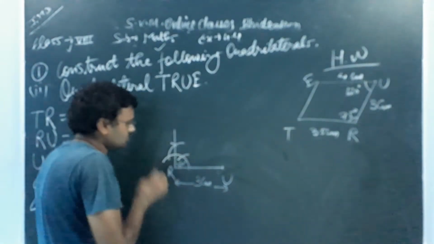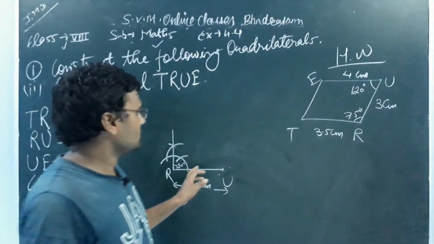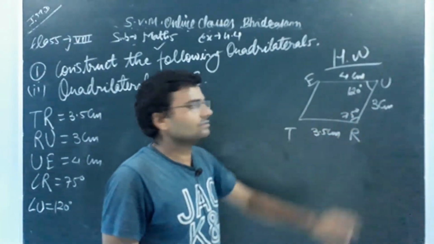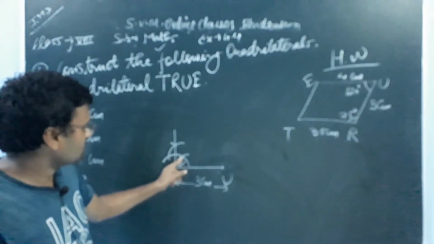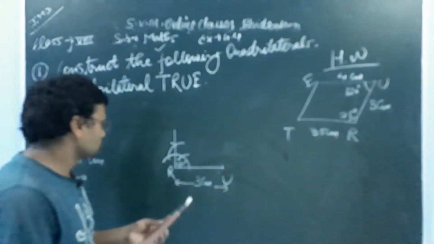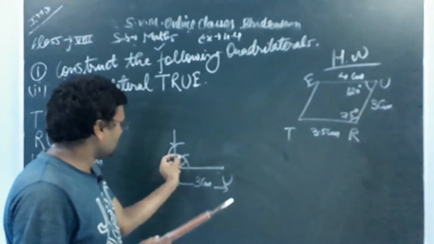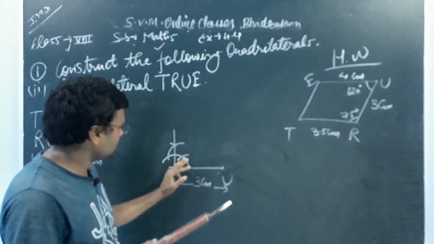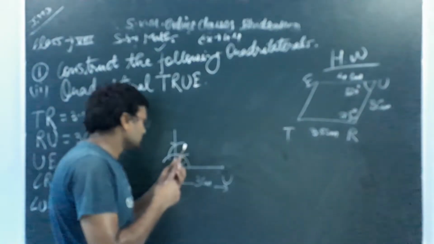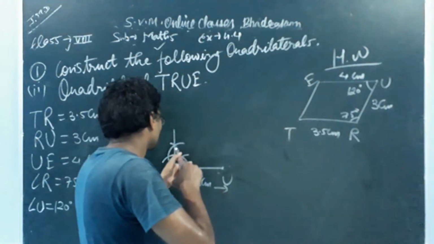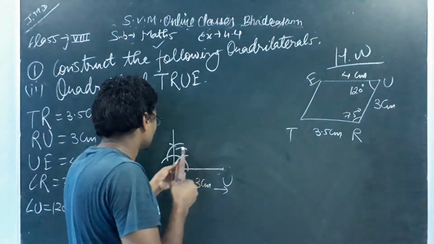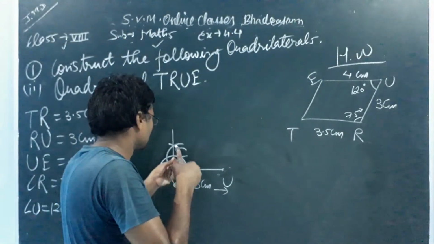Now we have to draw an angle of 75 degree, which will come in between the angle of 60 and 90. So we will just make half of this arc which is in between 60 and 90. I am taking over here from this point, I will draw an arc, and from this point I will take another arc.